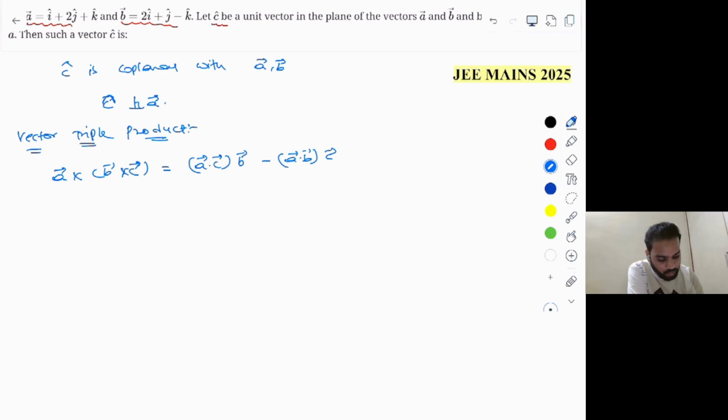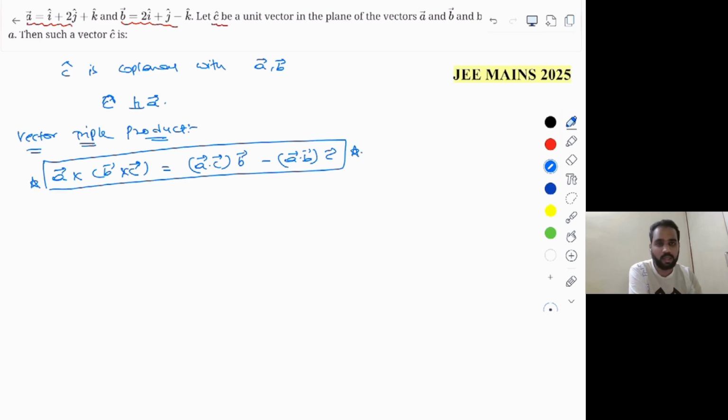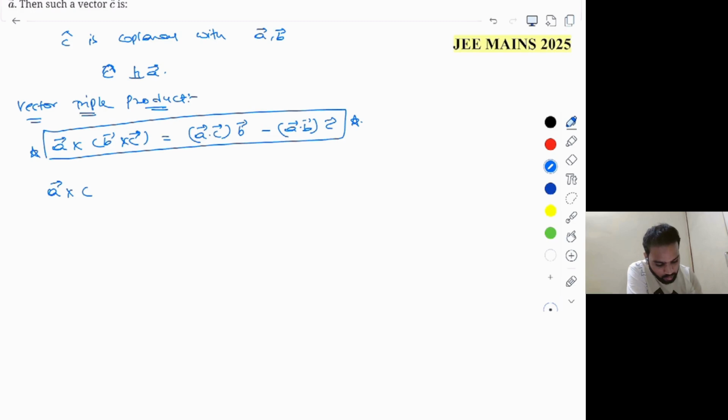So this is your formula for vector triple product. But along with the formula, we should know what exactly it is representing also. So whenever we write the vector a bar cross b bar cross c bar, the meaning is this is a vector. It's very, very important.